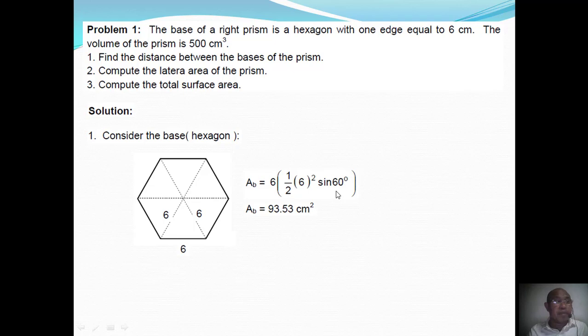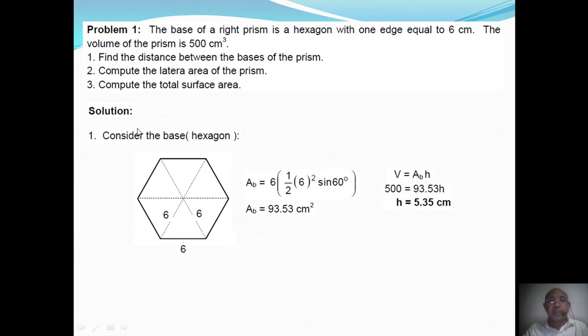So the area of the base is 95.53 square centimeters. Then I can use the formula for the volume to compute the distance between the bases. By the way, the distance between bases is the altitude. So volume is 500, divided by the area of the base, so the height is 5.35.